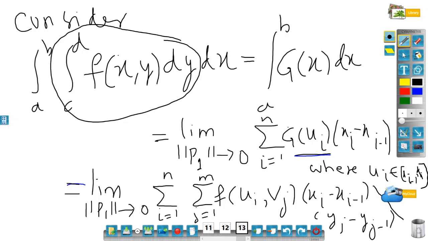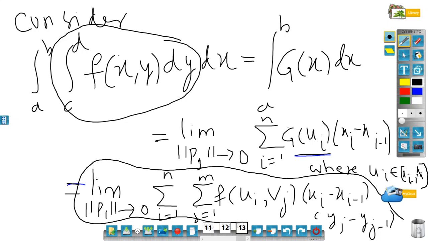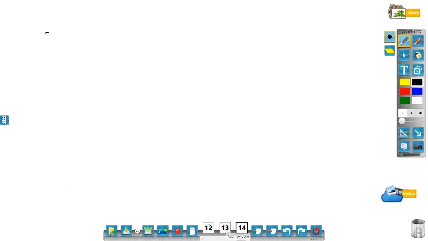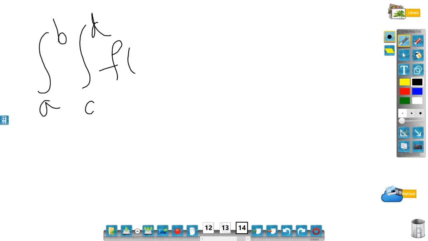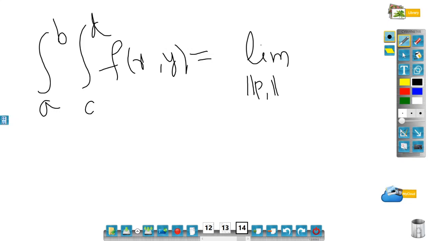Now, if you observe, this is a Riemann sum of your function. So what I got is integration a to b, c to d, f of x comma y is equal to limit as norm P1 goes to 0 of the double summation.